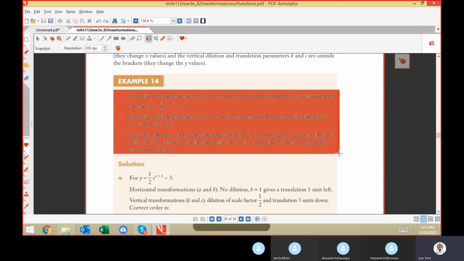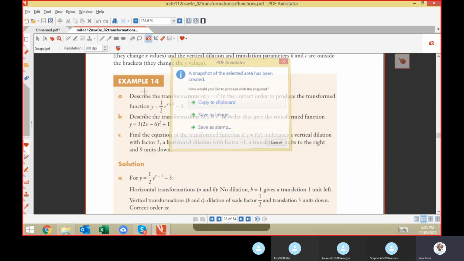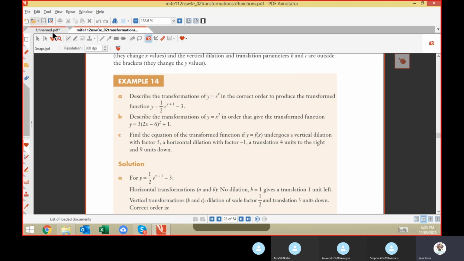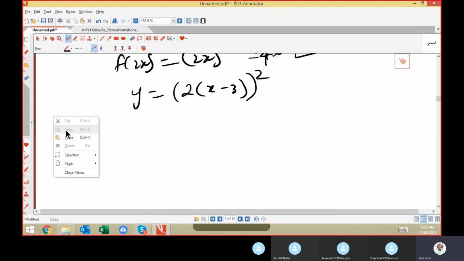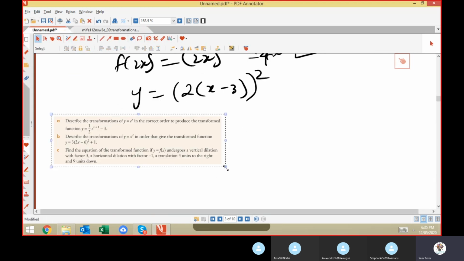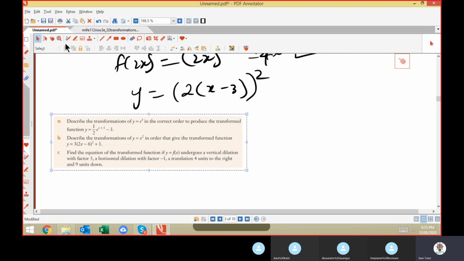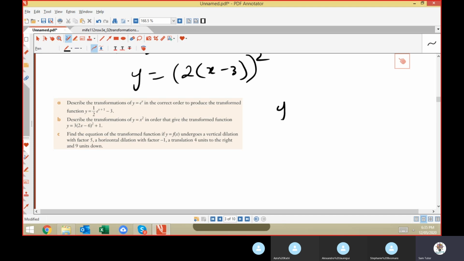You pretty much know the section you would want to focus most of your time on, which would be exactly these style of questions. All right, describe the transformations in the correct order to produce the transformed function to this. Okay, what would you do first?